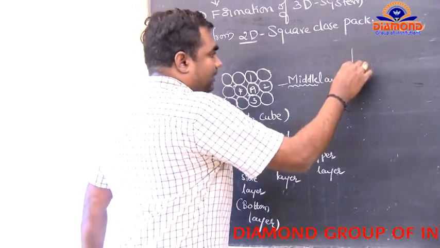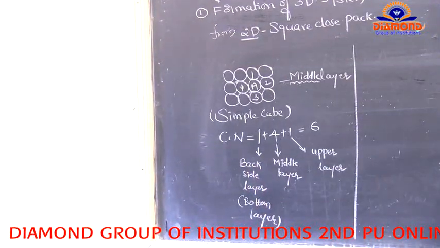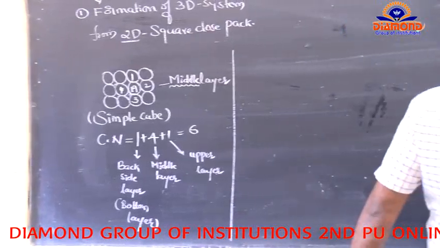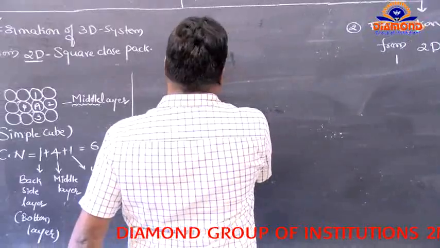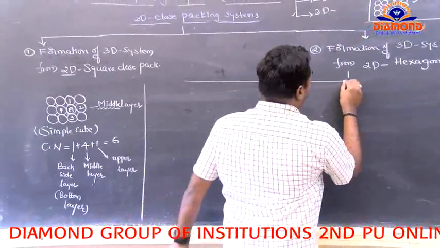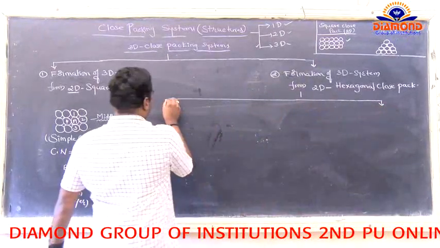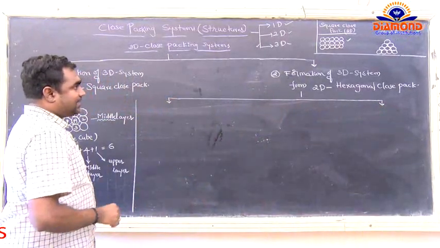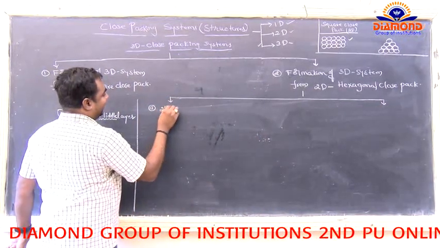Now come to the second type, the formation of the 3D system from the 2D hexagonal cluster. Again, it is classified into two types. The first one belongs to the second layer.